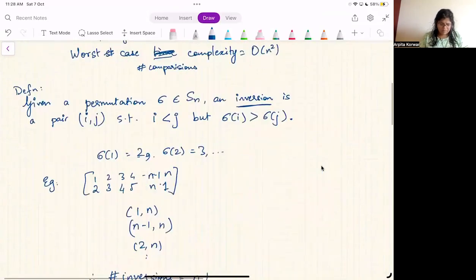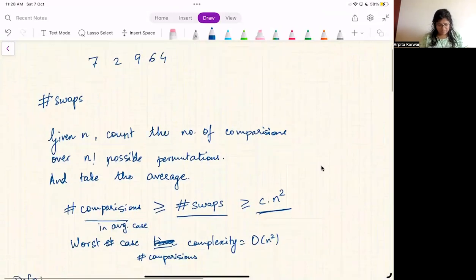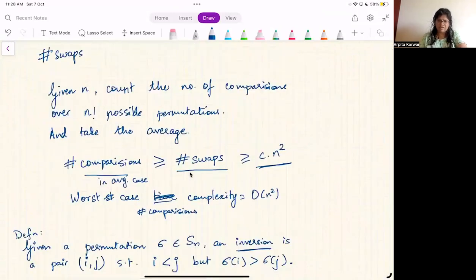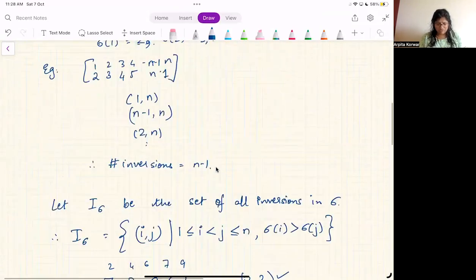Now, what about insertion sort? For insertion sort, the argument is the same. The number of comparisons is greater than the number of swaps, and what is the number of swaps? Again, it is equal to the number of inversions. So I just have to show that now.